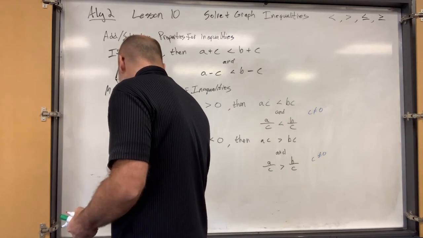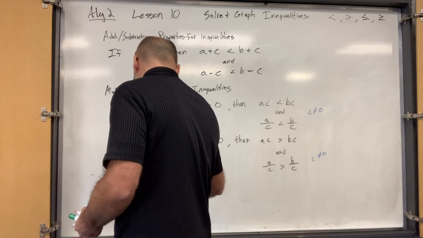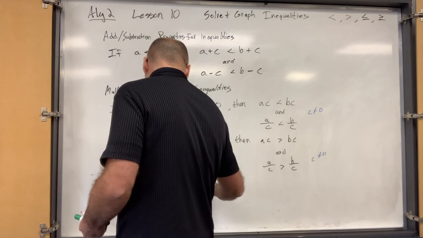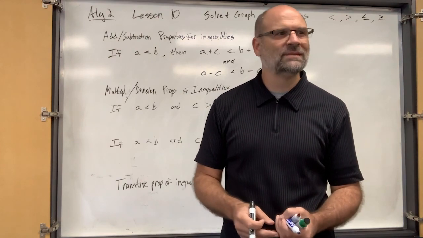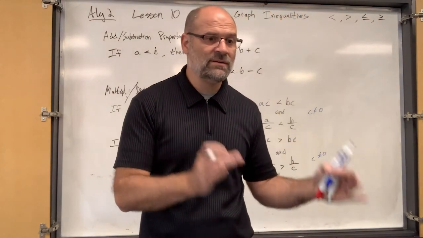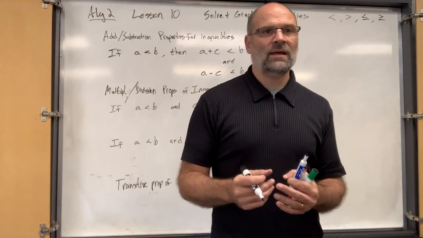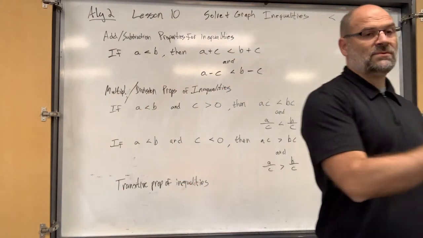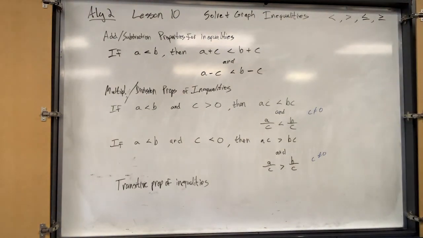Do you guys remember the transitive property of equality? Transitive, I always think of it as a journey, logically. If A equals B and B equals C, then A equals C. So if something equals something else, but that something else equals a third thing, then that first thing is going to be equal to the third thing.